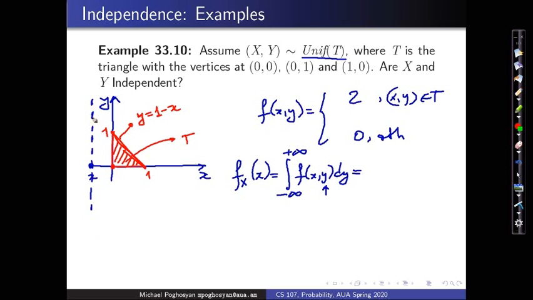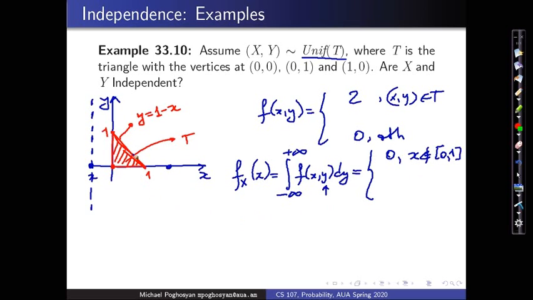Because the joint PDF is 0 there, the integral will be 0. So I will obtain 0 if x is not in 0, 1. If x is on the other side, again I am integrating a 0 function, so I get 0.